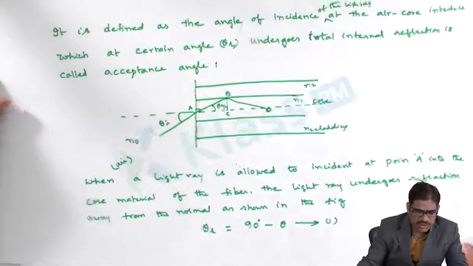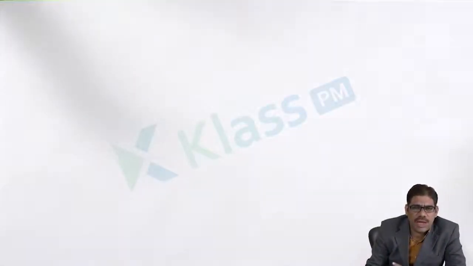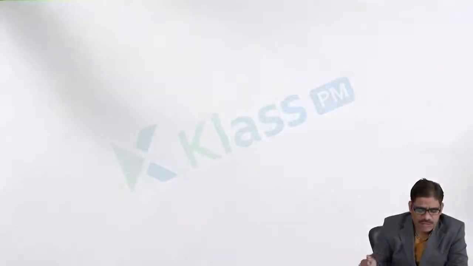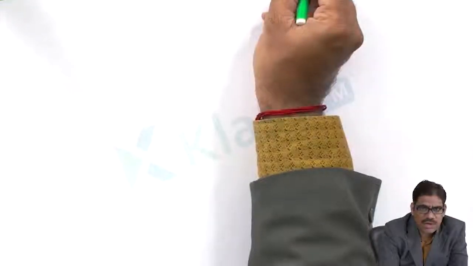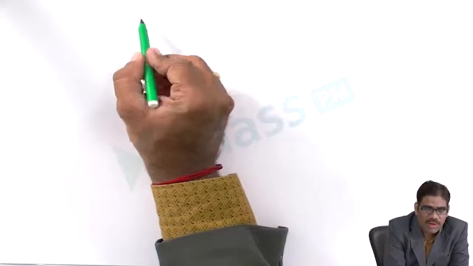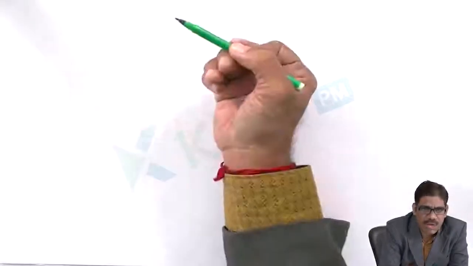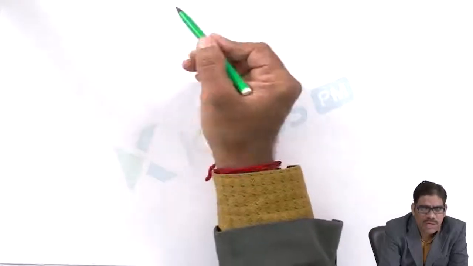Right. Now with this, from the previous considerations, N1 by N0 is what we have taken as sin I by sin R. So with that condition we have theta R equal to 90 minus theta. If we frame it in terms of entering from the core medium into another medium, that is the cladding medium, so N1 and N2.